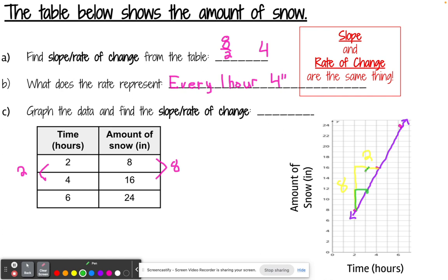And again, 4 over 1. So my rate of change is 4 over 1, which means for every 1 hour, it snows 4 inches, or it snows 4 inches every hour. And it is the same, 4 over 1.